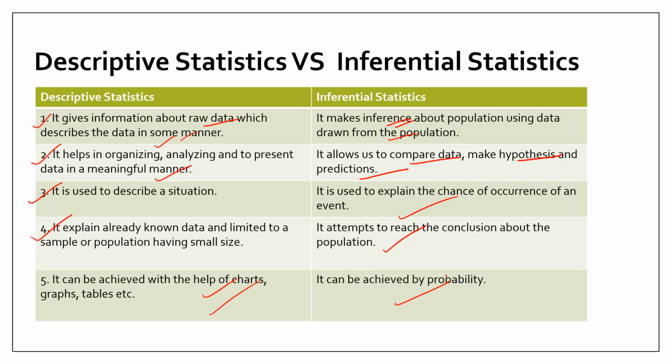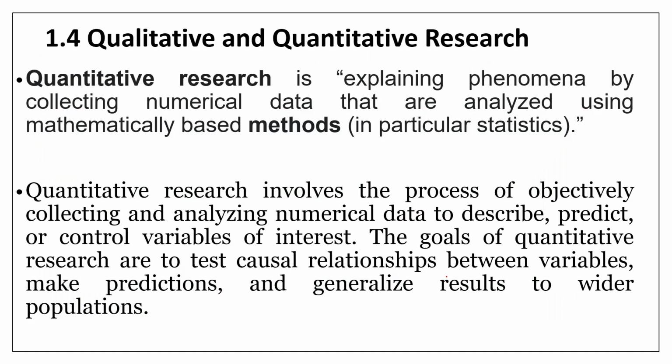Our next concept is qualitative and quantitative research. By the name itself, you can understand that quantitative means talking about numbers, numerical data, and mathematical-based methods like statistics. Quantified, numerically observed, numerically identified, numerically giving the results. So quantitative research is explaining phenomena by collecting numerical data that are analyzed using mathematical methods.